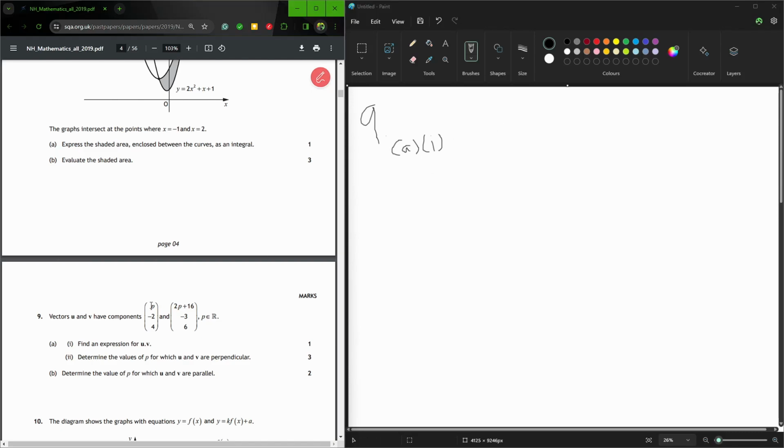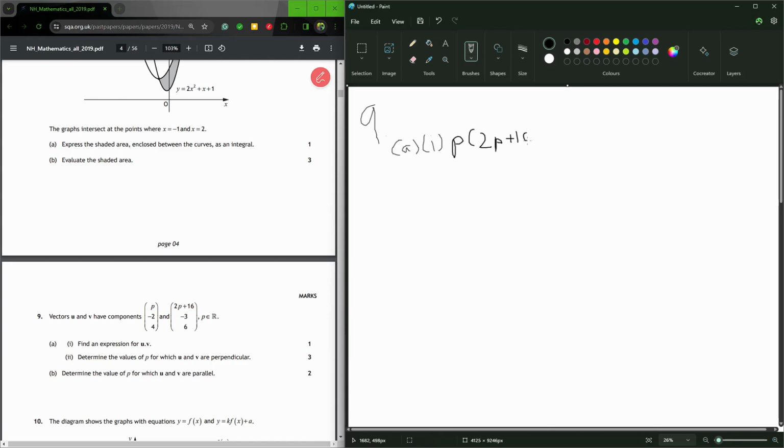We just times each of these terms together, so it'll be p times 2p plus 16, minus 2 times minus 3, and 4 times 6. So let's get cracking with that. So p times, I need to write 2 there, don't I?